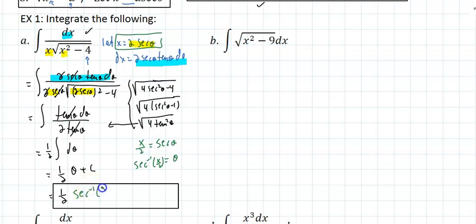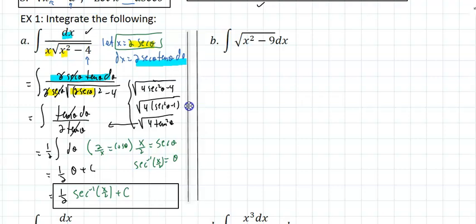There's no way around this. You have to do this every time. You could, if you like, say that cosine of theta equals 2 over x, and theta will be the inverse cosine. That really doesn't matter. That turns out to be an identity actually, but no need to worry about it.